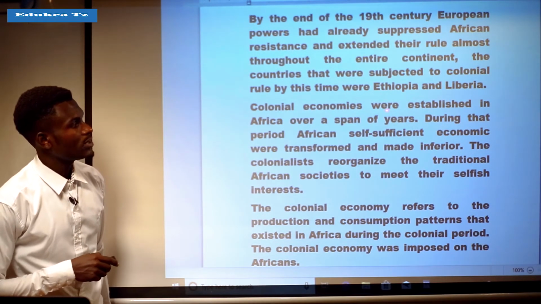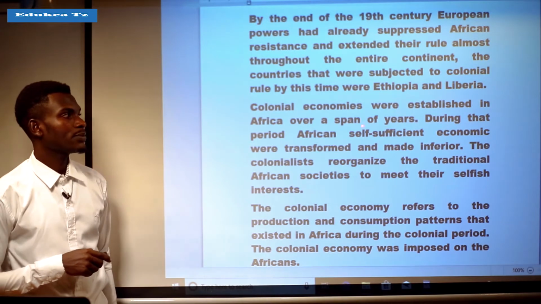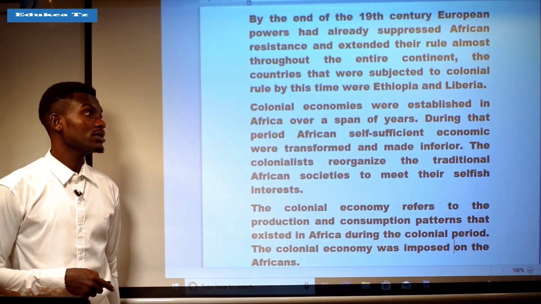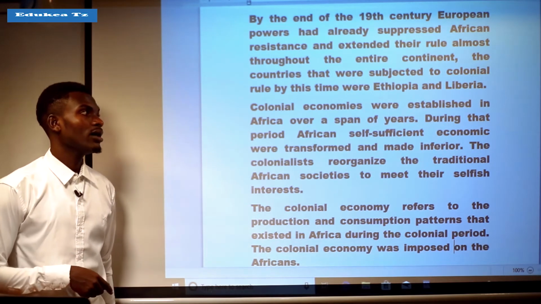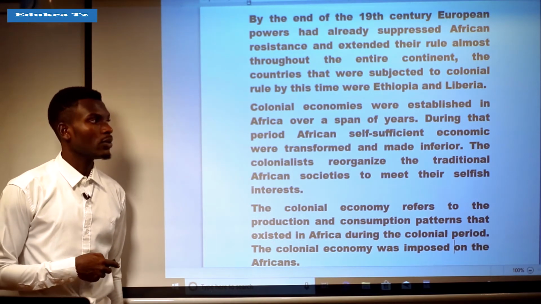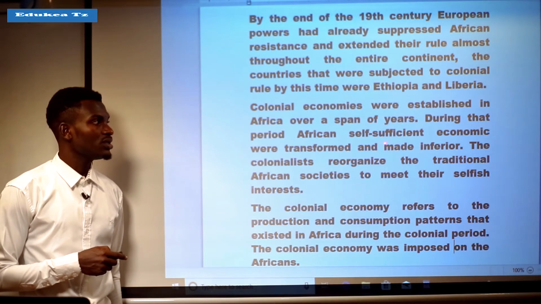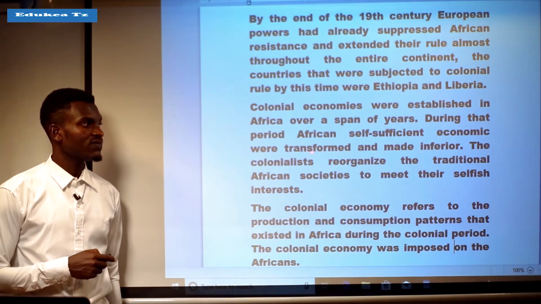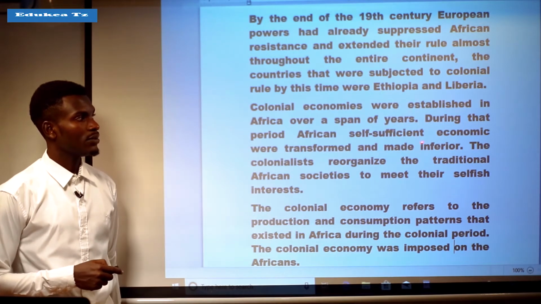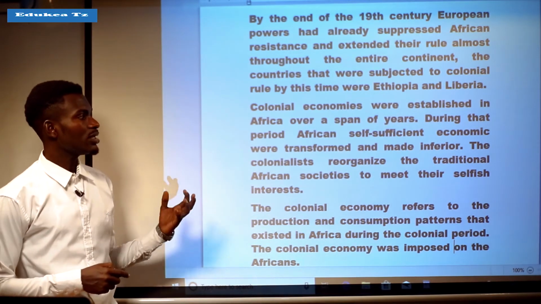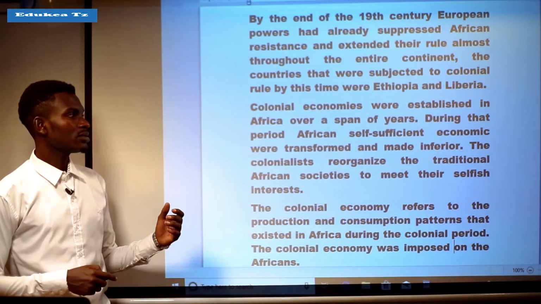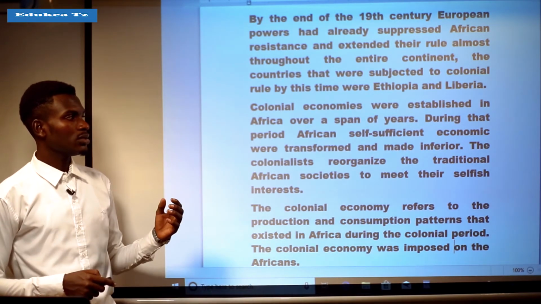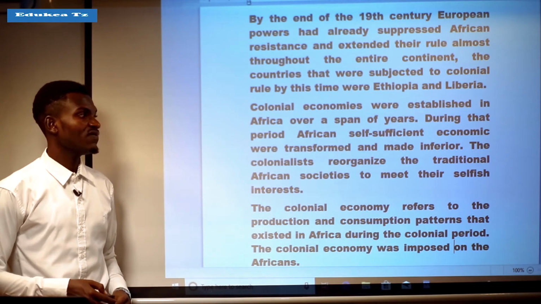Colonial economies were established in Africa over a certain period of years. During that period, African self-sufficient economies were transformed and made inferior.